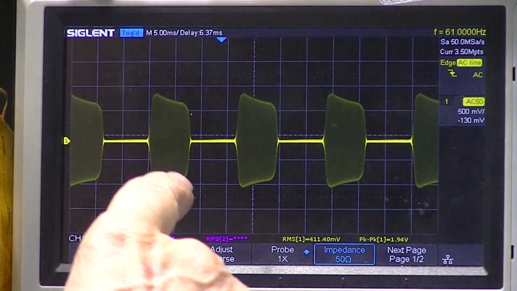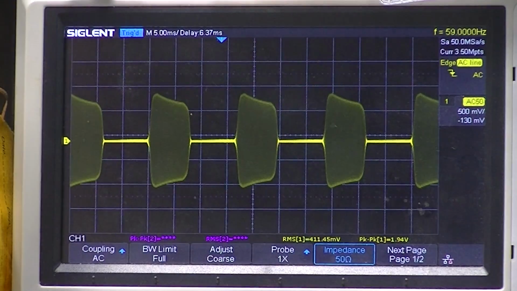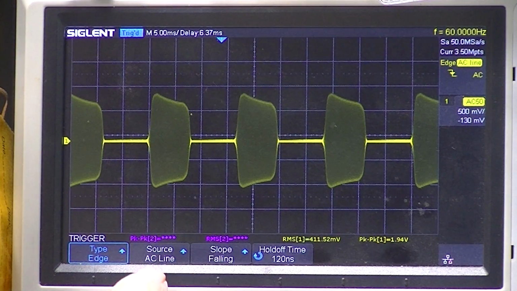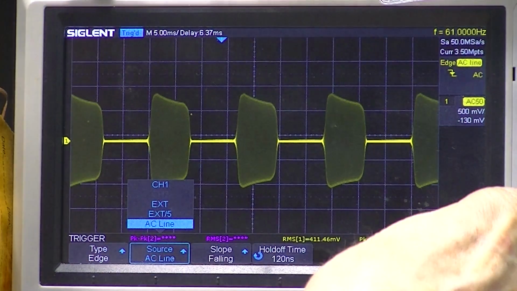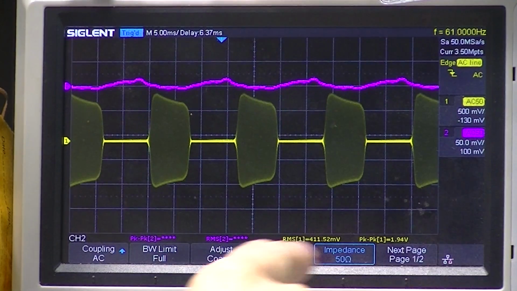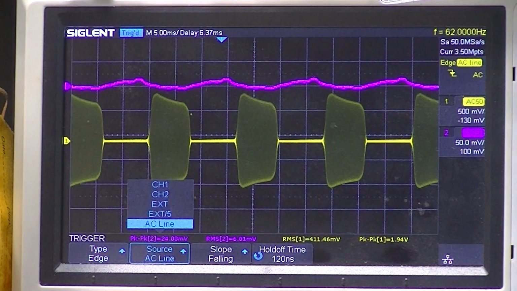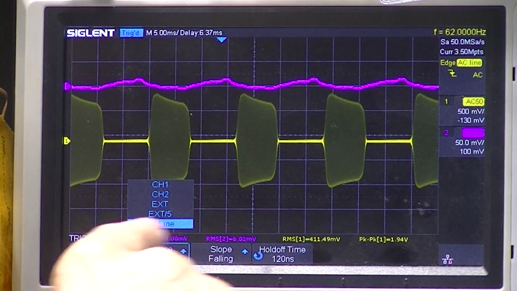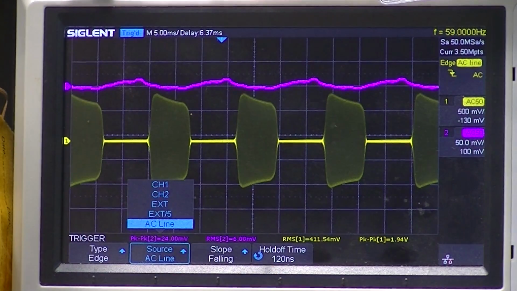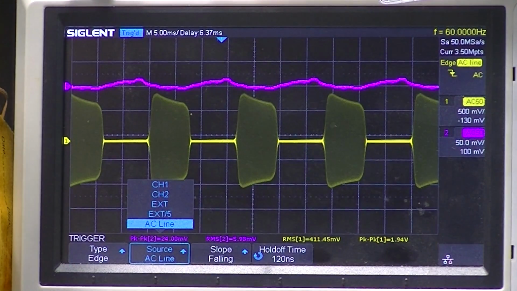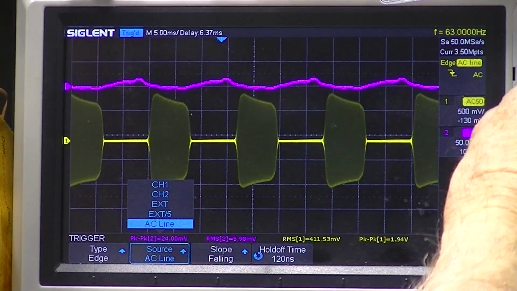Looking at the scope, if I look at the triggering system, I'll get the source of the trigger, and you can see, I'll turn on channel 2 here. I can source a triggering signal from channel 1 or channel 2, external. There's a BNC connector called external trigger, or the AC line.